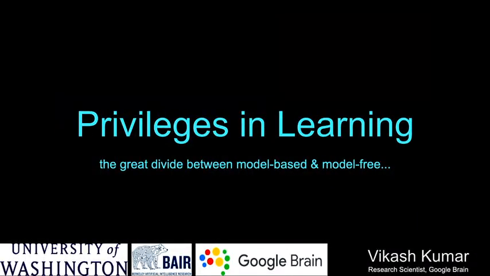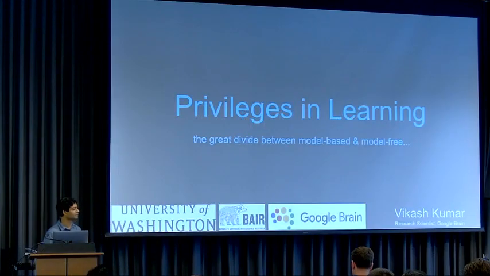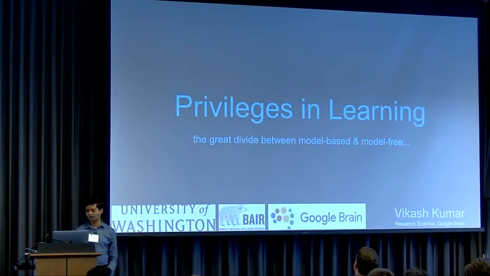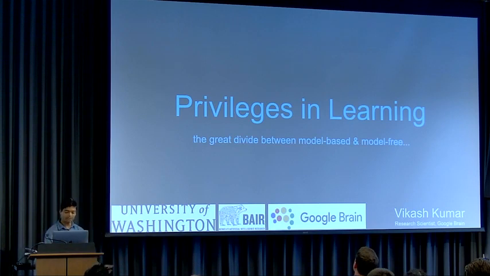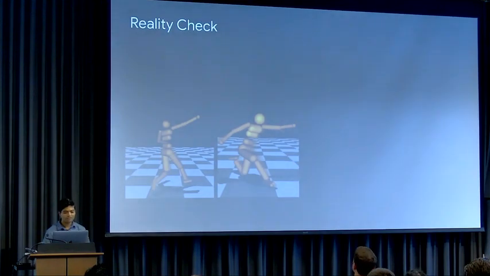All right, and I'm going to be talking about what we take for granted, privileges, I'm calling them. A lot of people just call them assumptions. That's another word that we use commonly. And I'm going to be highlighting a spectrum between the model-based and the model-free side of things. So we'll see where things are in the applications and the areas that I'm interested in.